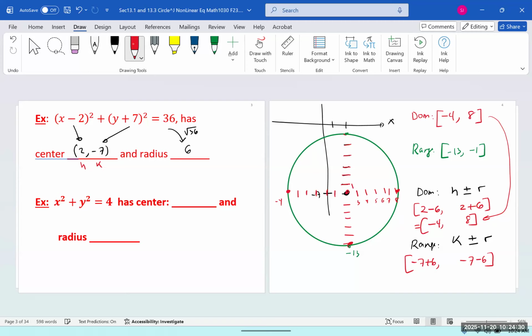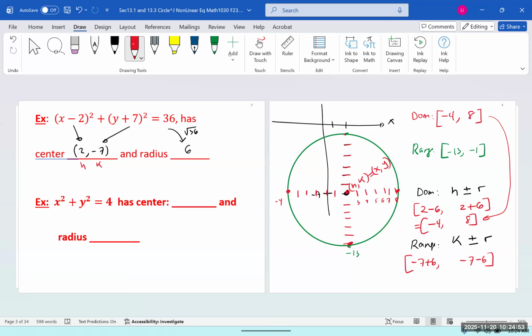So here we have (h, k). H means x, k means y. So to find the domain, you take the x value of the center, subtract your radius, that's the lower limit, add the radius, that's the upper limit of the domain.